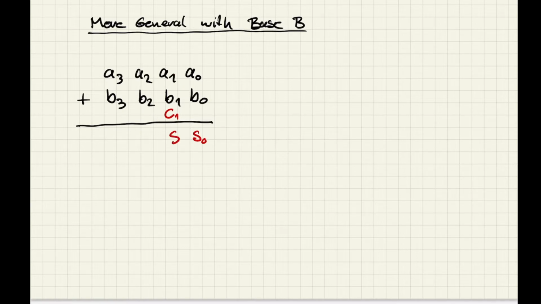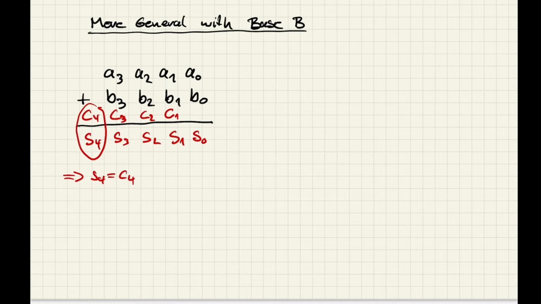This would give us S1, C2, then we have here S2, C3, S3, and then a carry C4, and in general an S4. So the first thing that we can observe is that in the last computation we will add 0 plus 0 plus C4. So that means from that we see that S4 always equals C4.